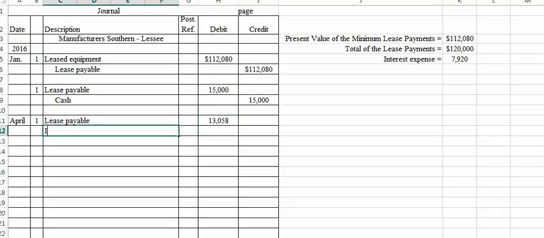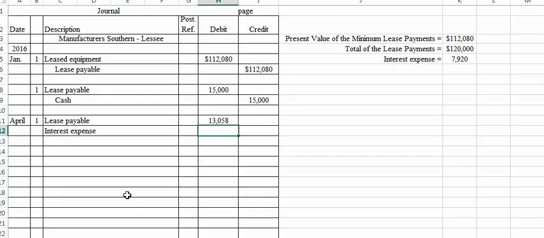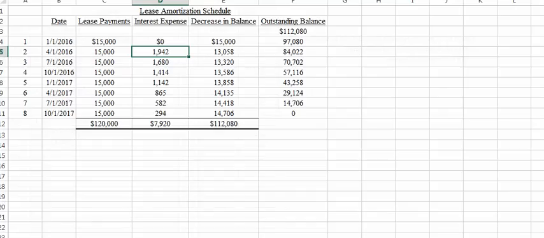We'll debit interest expense for the amount of interest expense from our amortization schedule for April 1st, $1,942. And then, of course, we'll credit cash for the total of the two, which should be the $15,000.